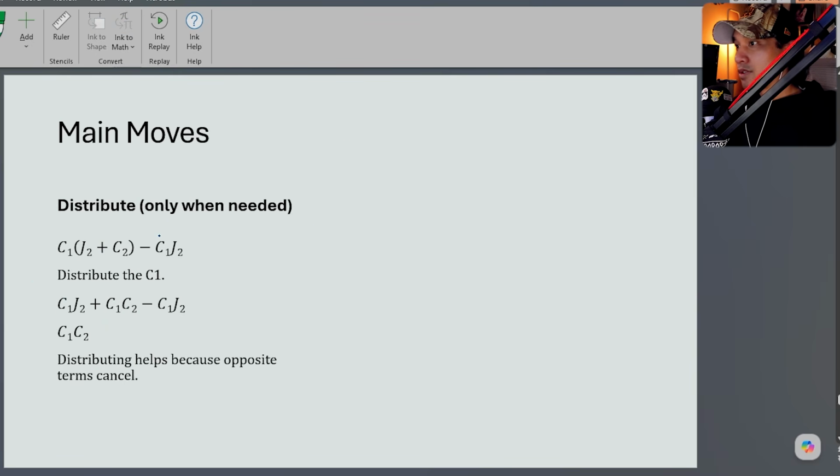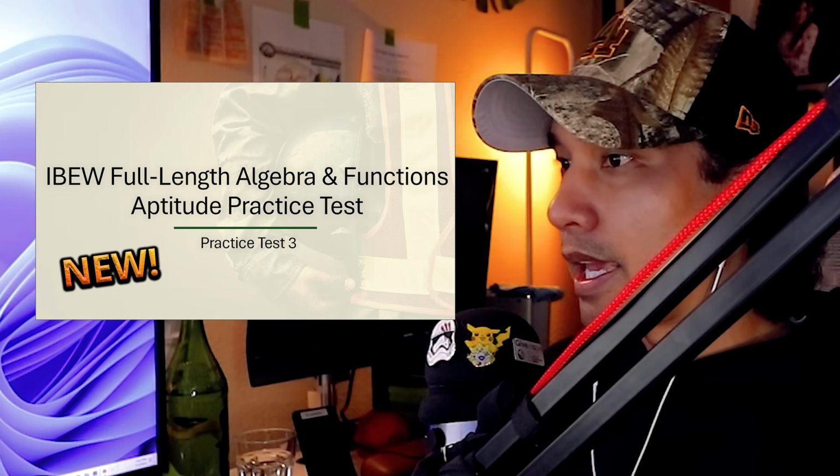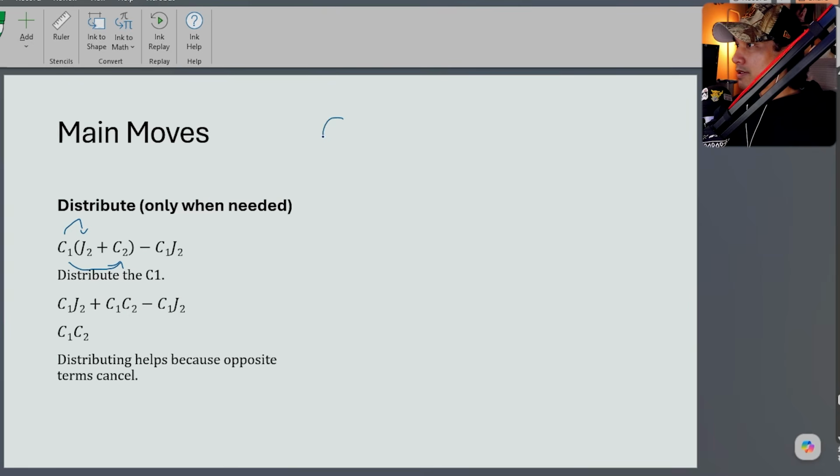Next move, distribute only when needed. All right, we start with this, and we distribute the C1 to the J2, and then to the C2. This was on practice test 3. And when we do that, we're left with C1J2 plus C1C2 minus C1J2.